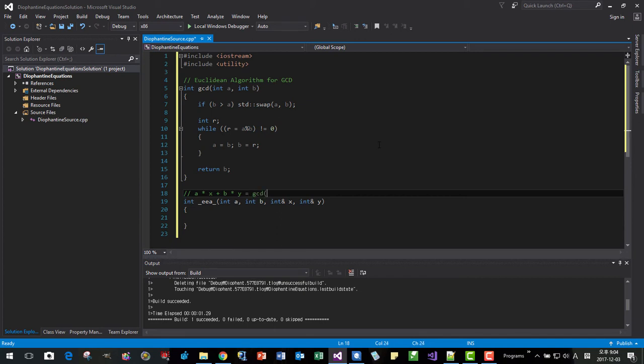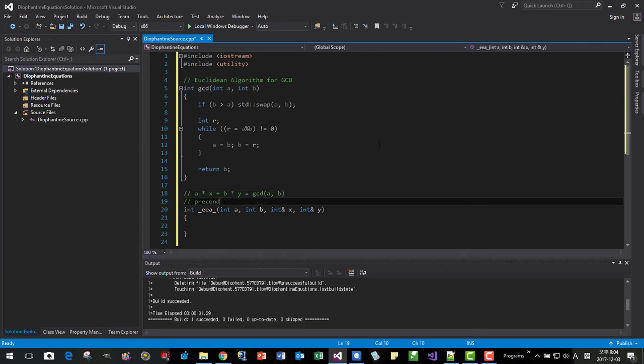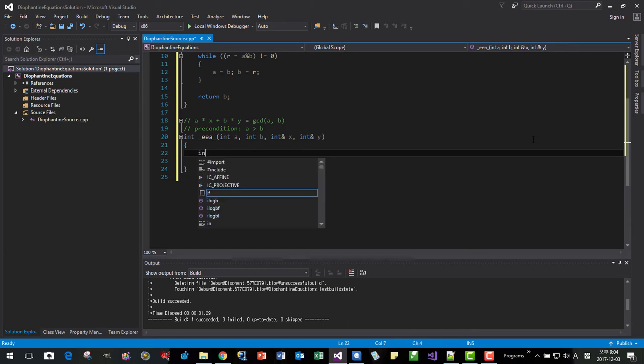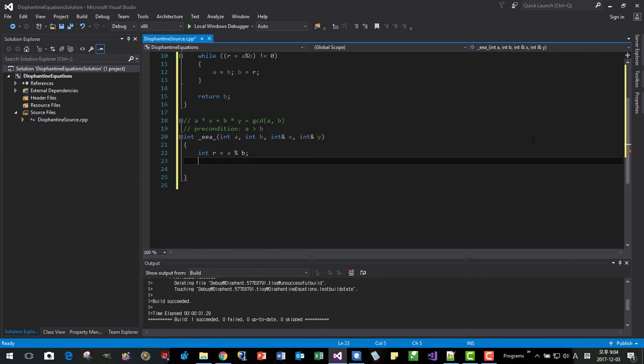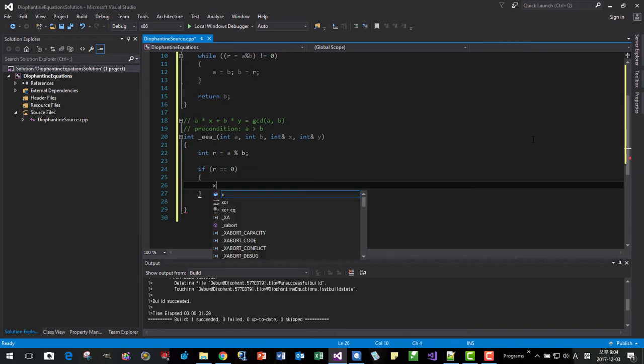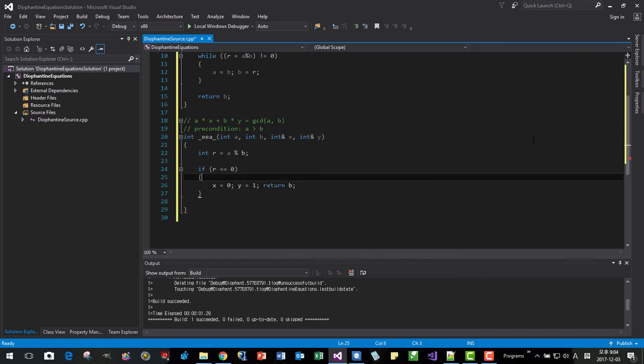GCD A B. Here the precondition: A should be greater than B. Okay, this is important. Here now int R equals A modulo B. If R equals 0, then X equals 0, Y equals 1, return B. I explained this like this.